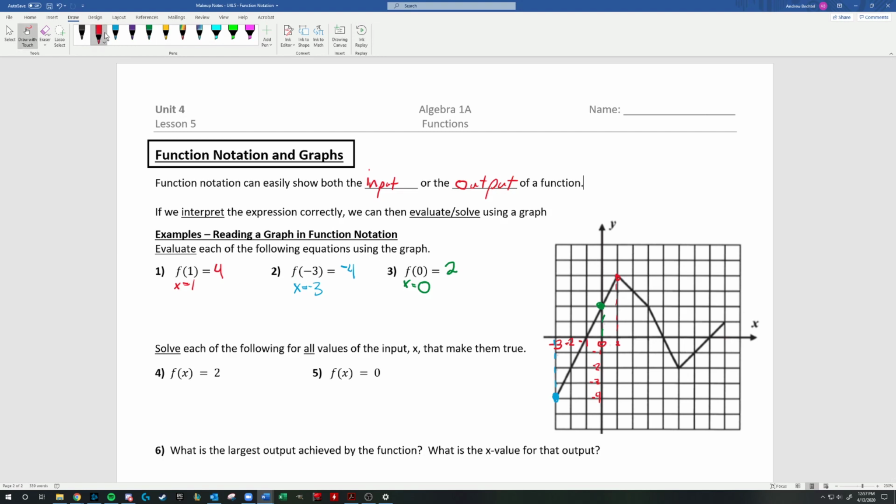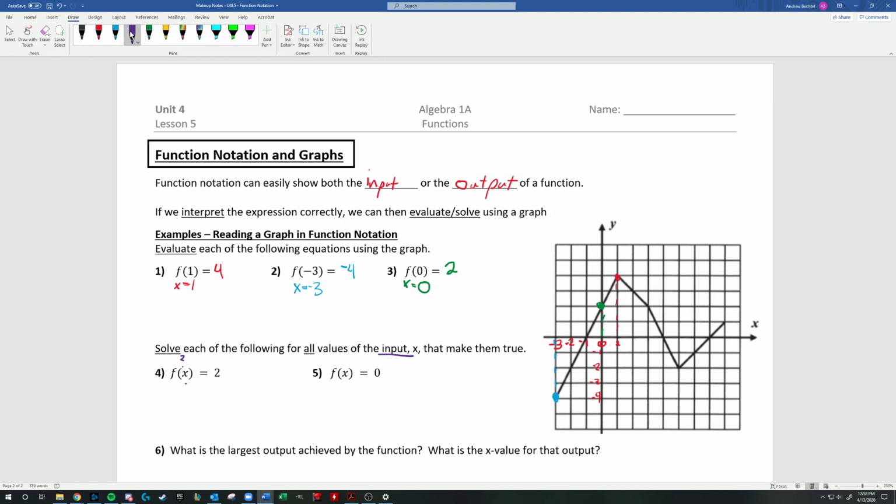We can use graphs to go the other direction as well. We can take the output and match it with the input. Suppose we have f of x equals 2. We want to find the values of x, right? It says solve for the following values of the input. Here, we don't know what x is.